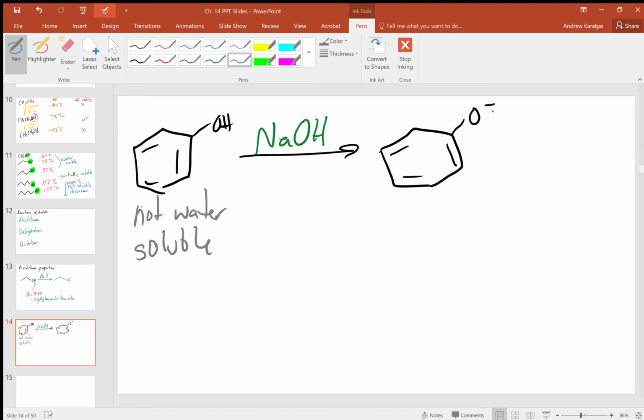But when you deprotonate it and you make this into an ionic compound, these are highly water soluble. And so this type of acid-base property is something that you can very, very easily use. If you needed to separate a phenol from other organic compounds, you can change its solubility and get it to go into water as opposed to being in some other solvent.